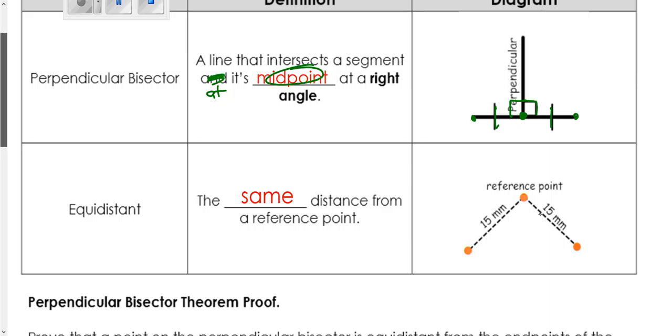So that means if a reference point is here, like let's say this is where the sun is at, or this is where the top of the building is at, equidistant means that if I look 15 meters this way and this way, notice that they both lie on this line. And if I drop this down, it actually makes this the perpendicular bisector. Makes those congruent. That's actually a property we're going to talk about.